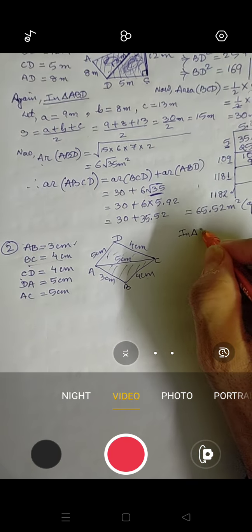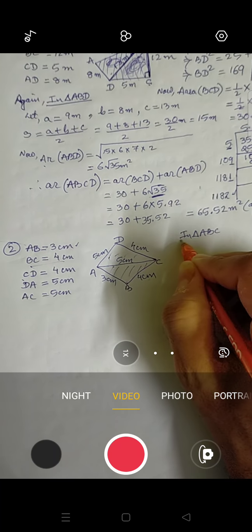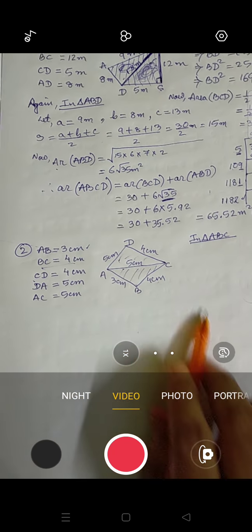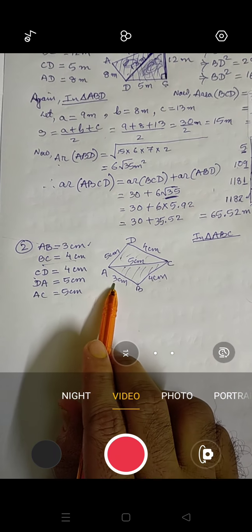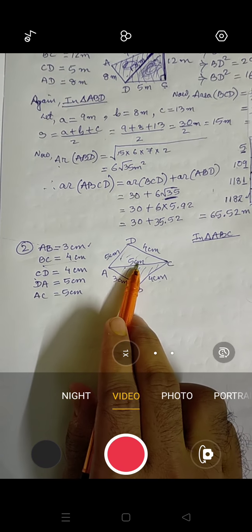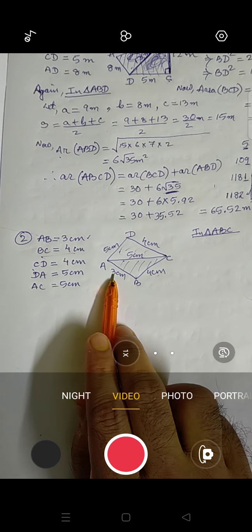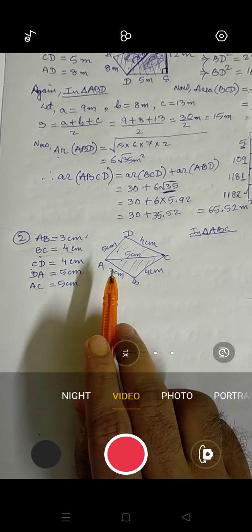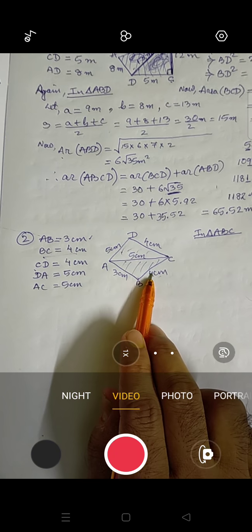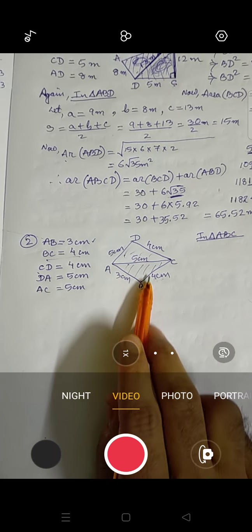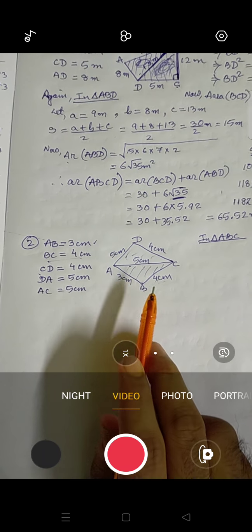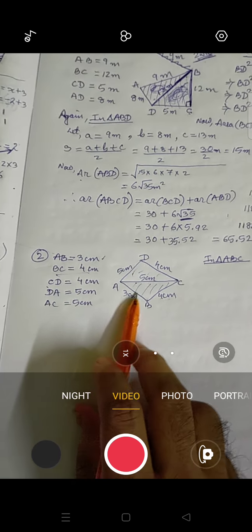So ABC. Actually, ABC is a right angle triangle, because you can see this is 3, this is 4, definitely this is 5. So 3 square is 9, 4 square is 16, 16 plus 9 is 25. We are having 25, that means definitely this has to be 90 degree. But no problem, we will use Heron's formula.